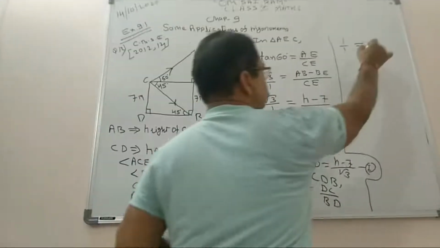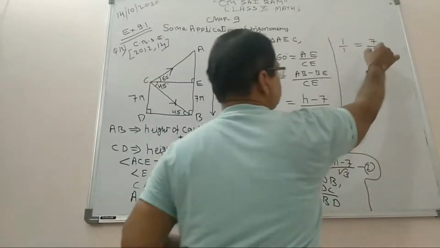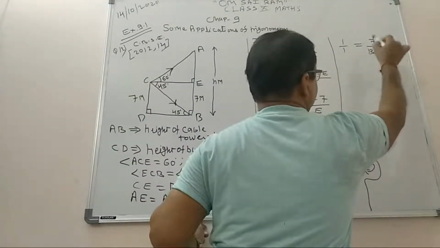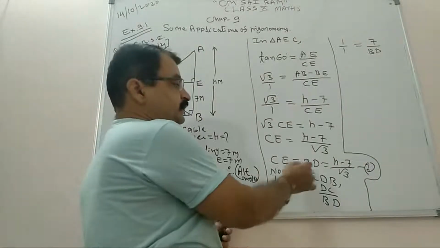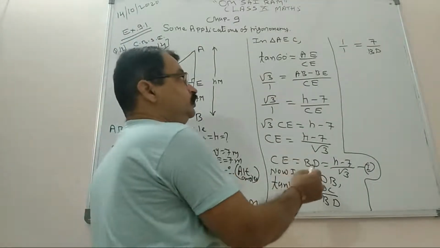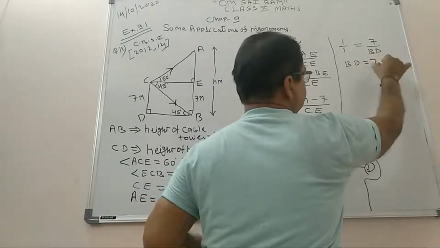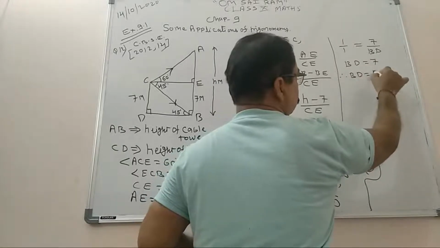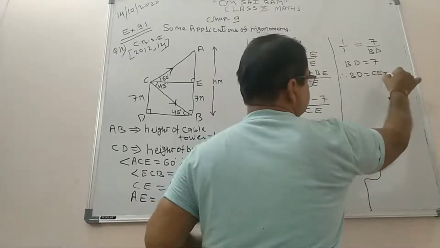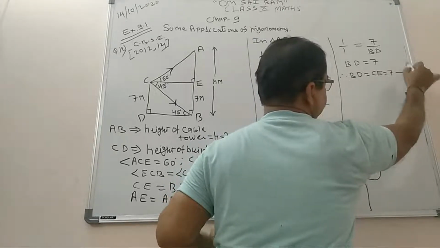Now DC is given as 7, upon BD. And BD is equal to what? CE, or CE is equal to BD. So do the cross multiplication. So what will you get here? BD is equal to 7. Therefore BD equal to CE equal to 7. This is equation 2.